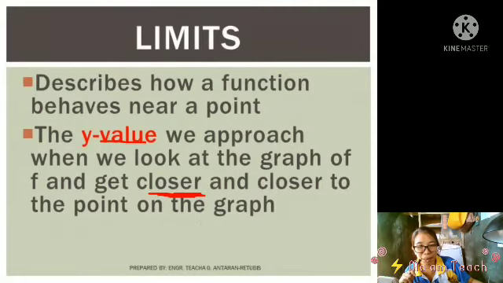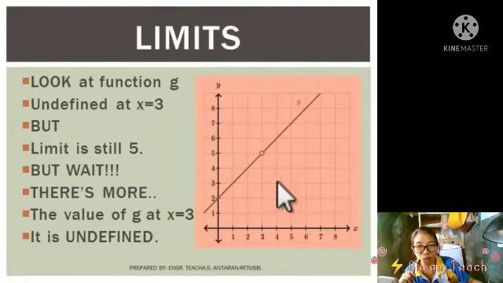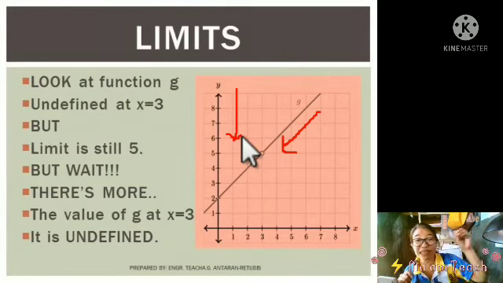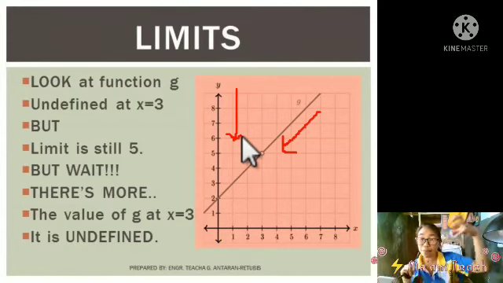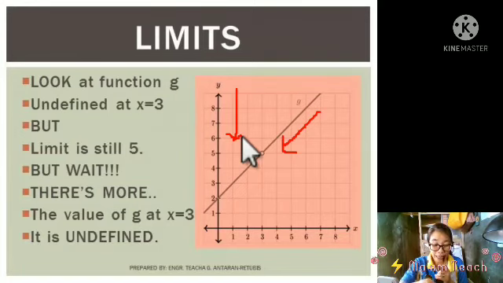As you approach 3, your y is also approaching 5. So it approaches 5 but is not exactly 5. Because, class, when we say limit, we are approaching it. We are not exactly at that point.